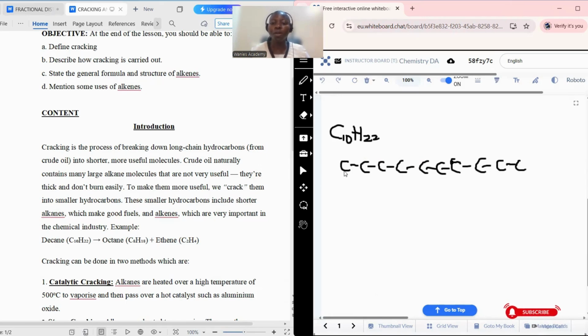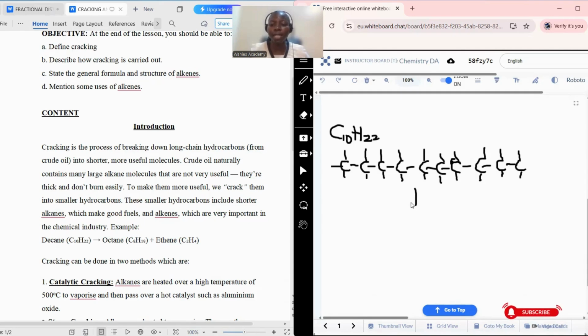So we're going to use lines to indicate our hydrogen and carbon atoms, which are 22 hydrogens altogether. So alkanes, the longer or the higher hydrocarbons in this form, like decane, are broken down into smaller hydrocarbons. So decane is broken down into octane and ethene.